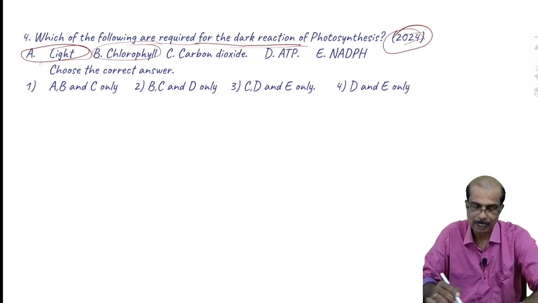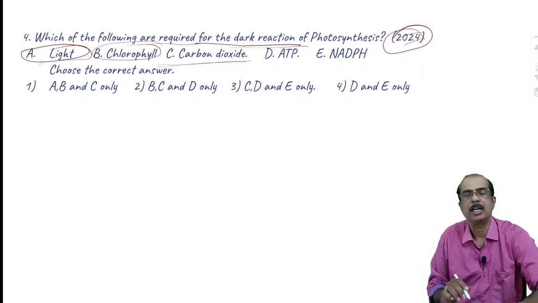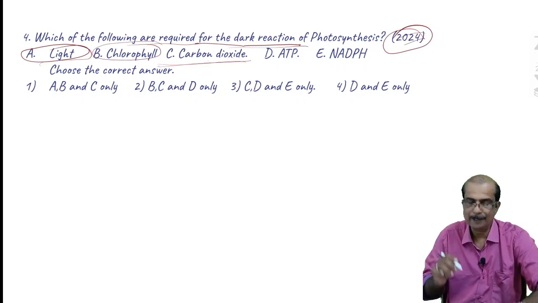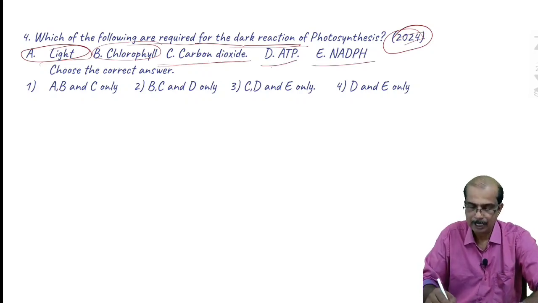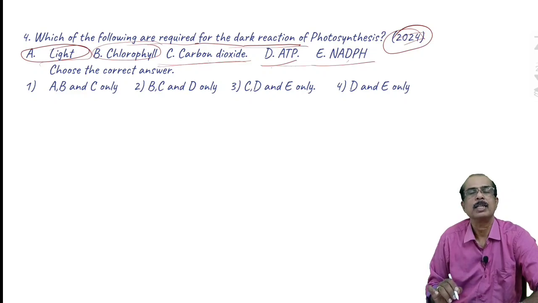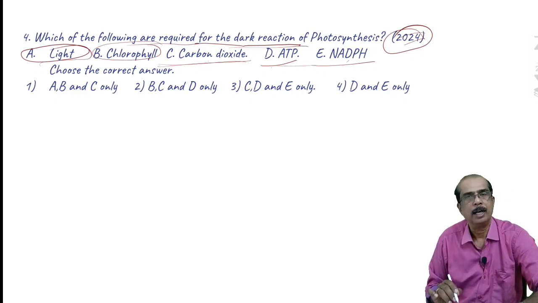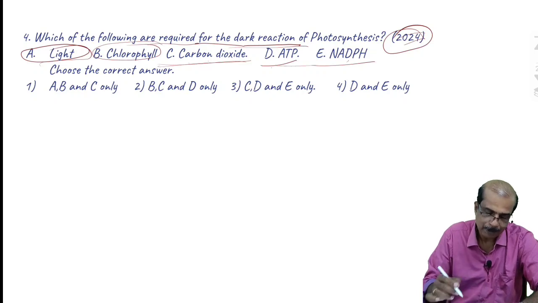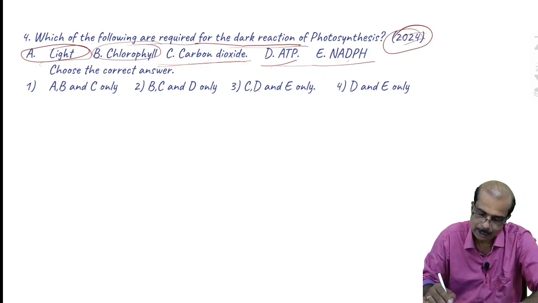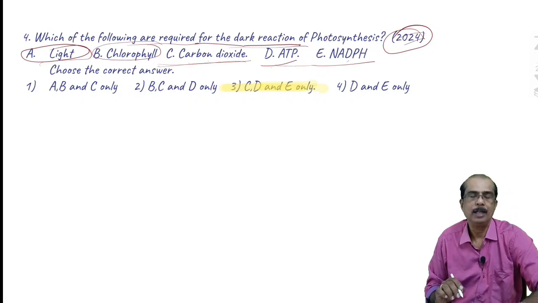Chlorophyll is also not needed. Carbon dioxide is needed. Carbon dioxide is assimilated during dark reaction. ATP and NADPH are reducing powers used up during dark reaction or Calvin cycle. So C, D and E are required. So option 3 will be our answer.